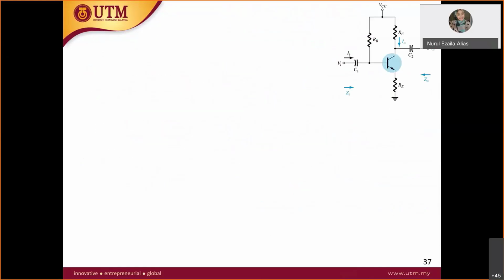So this is your circuit. First thing, the capacitor here, you short circuit, don't forget, and the voltage source here is grounded. Here you have to draw your hybrid pi model, again and again.